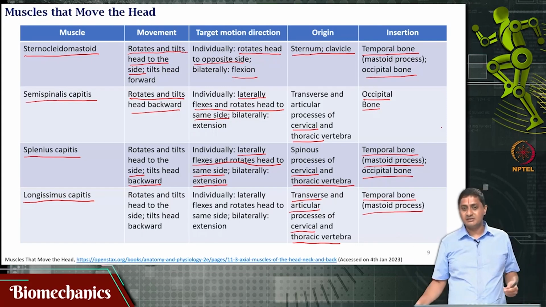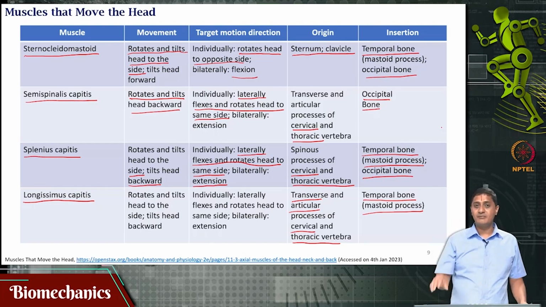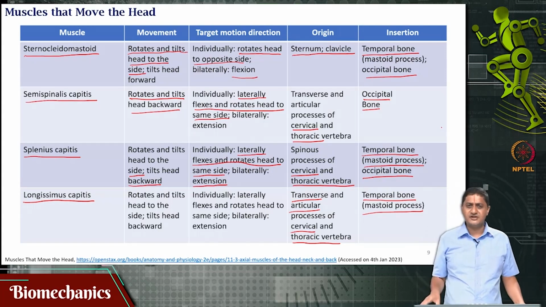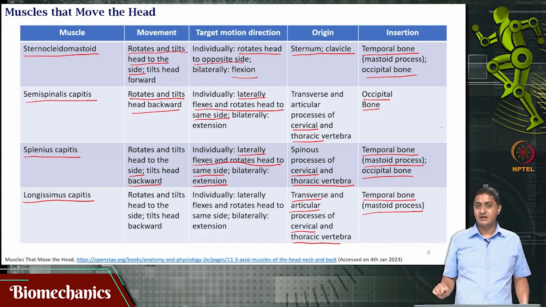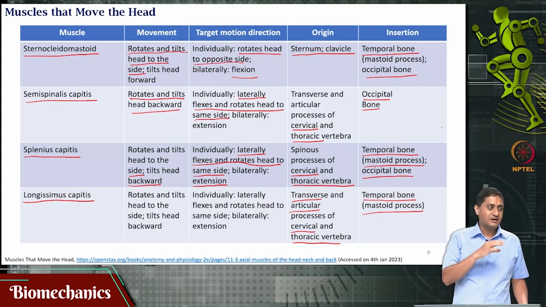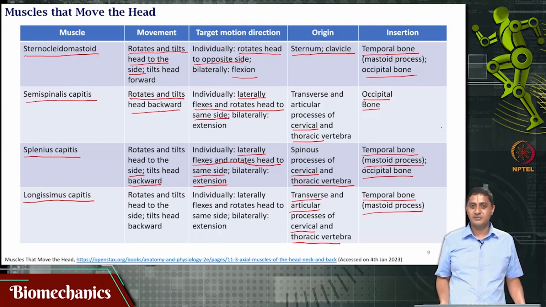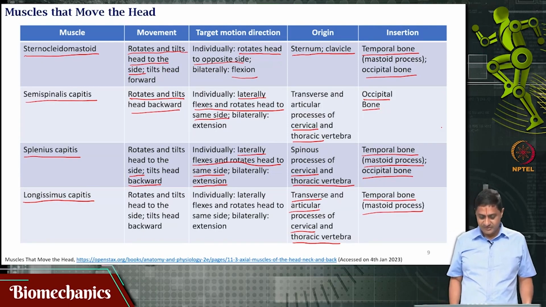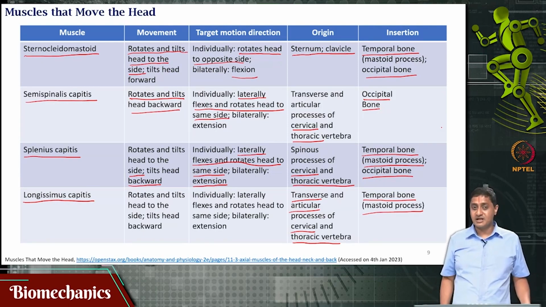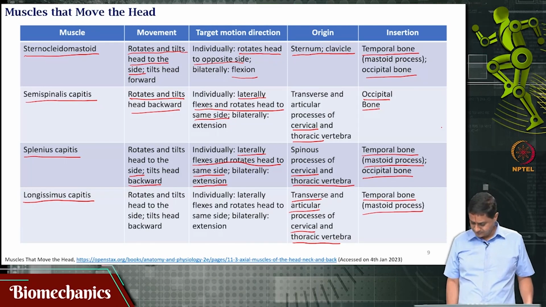You are viewing from a relatively higher elevation, which is why balancing and viewing with that head in various directions becomes absolutely crucial for survival, because if you do not look in the direction of the predator, it is likely that you will be taken out. So, head movement has a crucial evolutionary function.